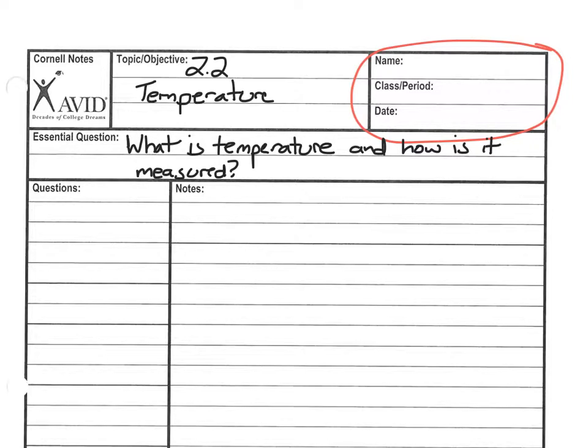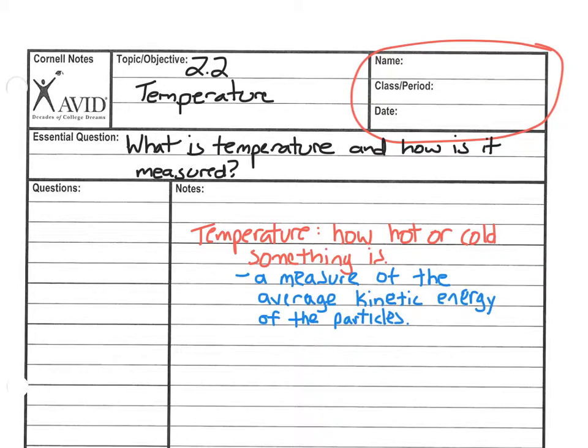So, first off, temperature is how hot or cold something is. That's the generic definition. The technical definition is a little bit different. A measure of the average kinetic energy of the particles.